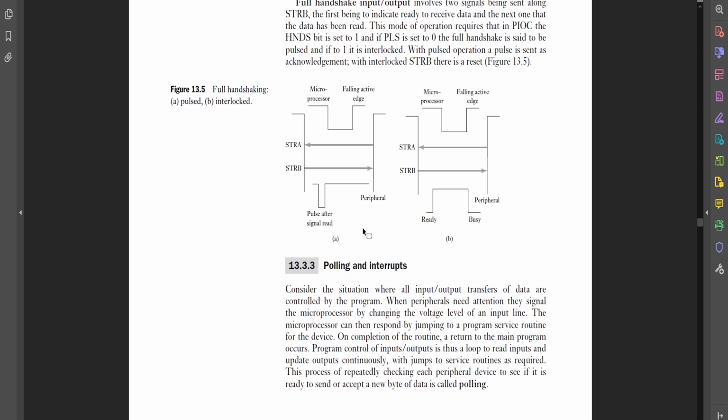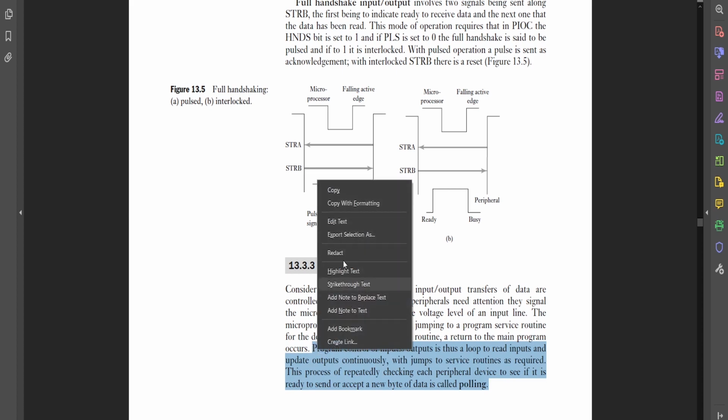Okay, I got it. So program control of inputs and outputs is thus a loop to read inputs and update outputs continuously, with jumps to service routines as required. This process of repeatedly checking each peripheral device to see if it is ready to send or accept a new byte of data is called polling. So it's the fact that the program keeps jumping to the peripherals to check them, and that's called polling. Okay, got it.